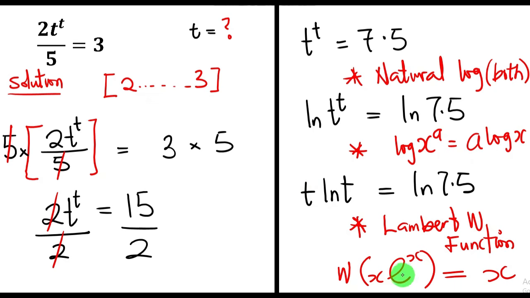Then it's going to be easy for me to apply the Lambert W function. For that I need a certain exponential identity. It states that exponential of ln of x is just the same thing as x, because the ln and the exponential cancel each other and I'm left with x.